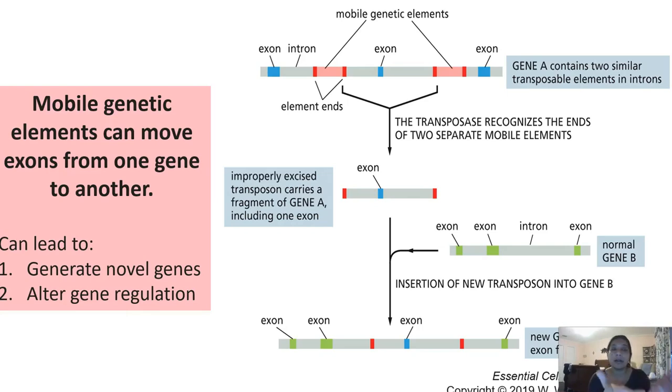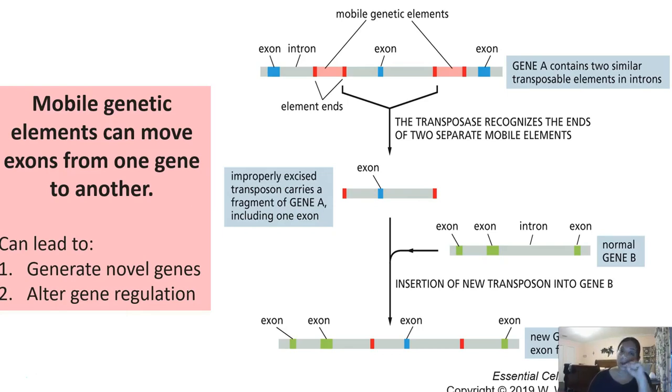So if they're just hanging out in the intron, that's not going to be that big of a problem as far as the actual gene product is concerned, because the protein is going to be translated from the sequences present in the exons. However, these introns can contain regulatory sequences, and those can be interfered with by the insertion of these mobile genetic elements.